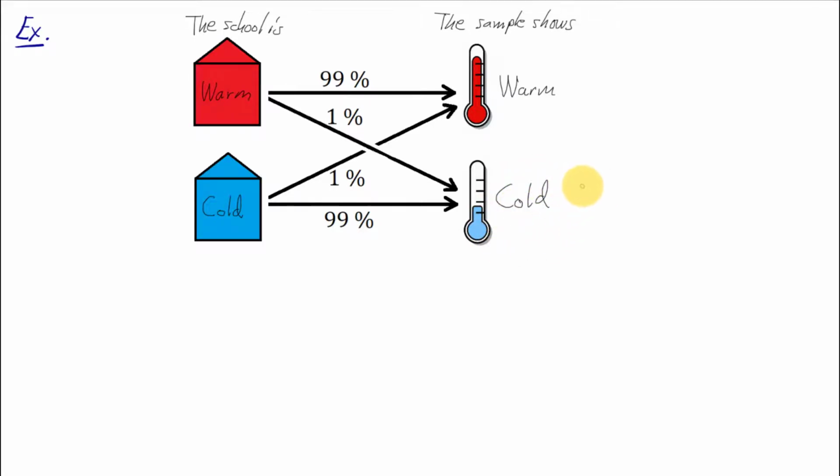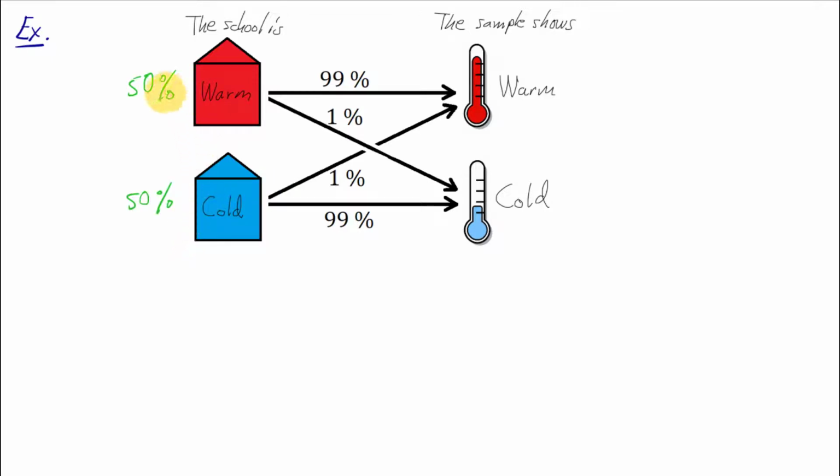Then, if we get this sample that tells us that the school is cold, what is the probability that the school is cold? Perhaps it seems obvious that this must be a large probability. But as we pointed out previously, this probability is actually difficult to decide, because it depends on what kind of background information you have.